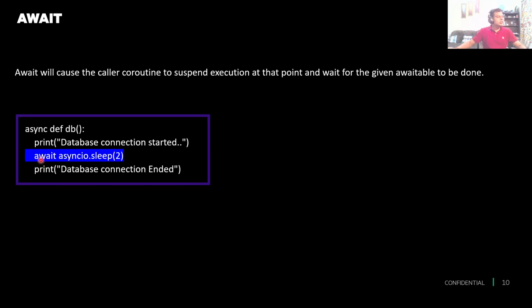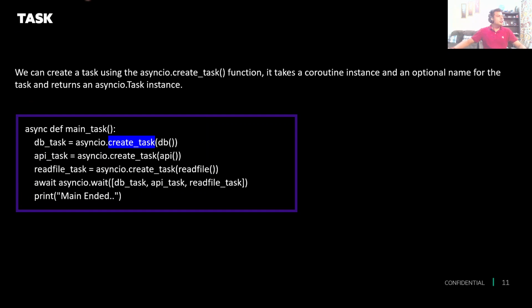Await just says that we can use await on any of the coroutines. So sleep is another coroutine. So we'll be able to call another coroutine and we can wait on that coroutine. Now we see these different building blocks to define the coroutine.